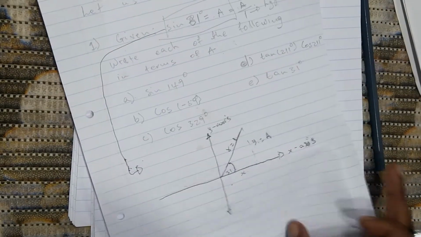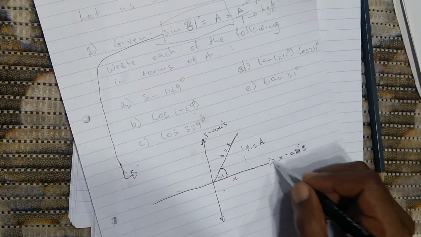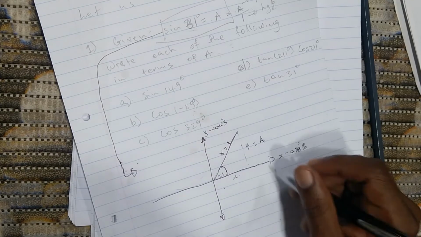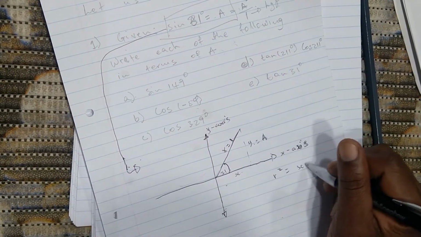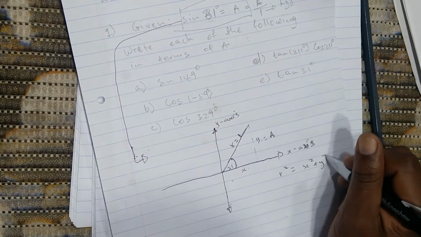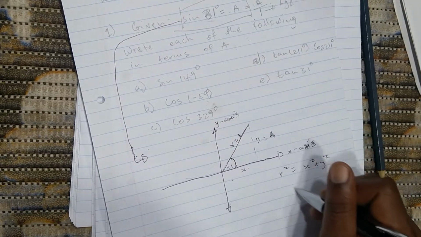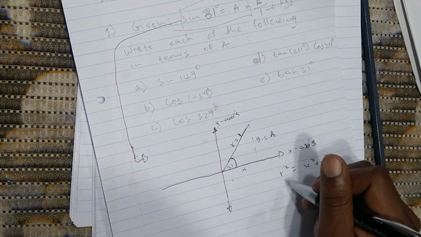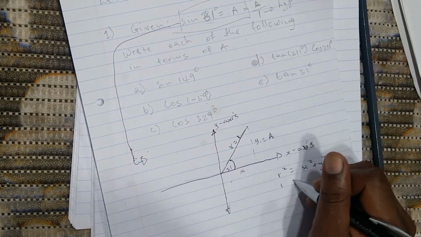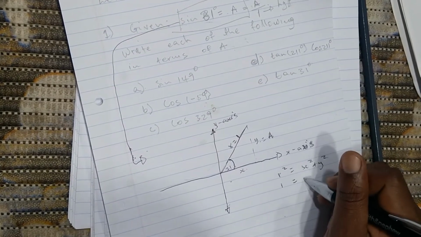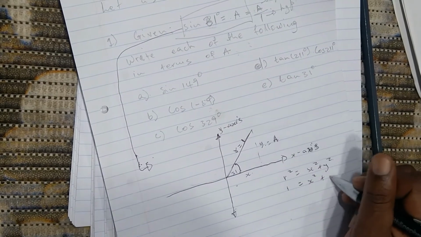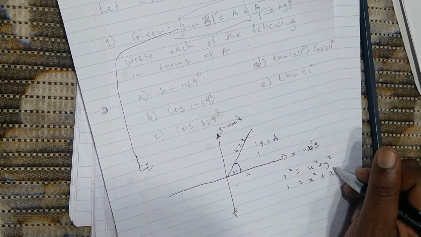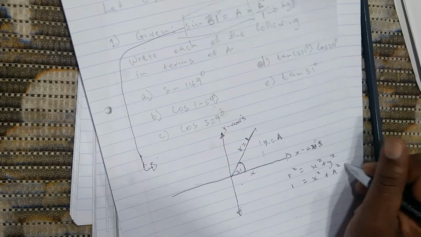So now we can work out using the Pythagoras theorem that r squared is equal to x squared plus y squared. So this r squared is equal to 1, x is what we're looking for, and y is equal to a, right?